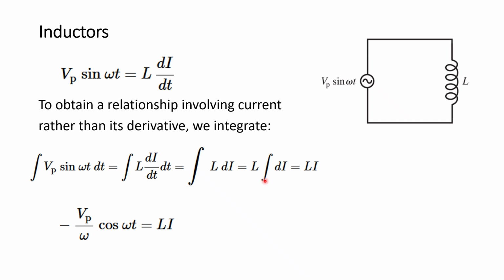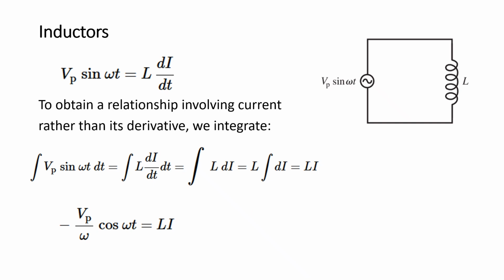Let's get the L out to the outside because that's just a constant, and it just becomes L times I. So that's going to be our right-hand side of the equation. The left-hand side, now let's go back here. We're going to integrate peak voltage sine omega t dt, and you can go through the integration, and you get negative peak voltage over omega cosine omega t equals L I.